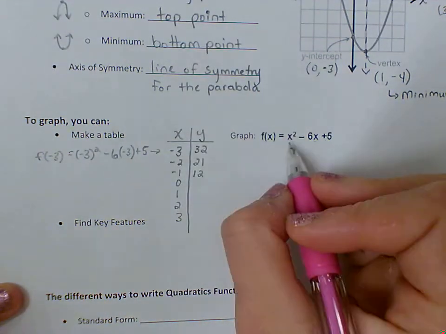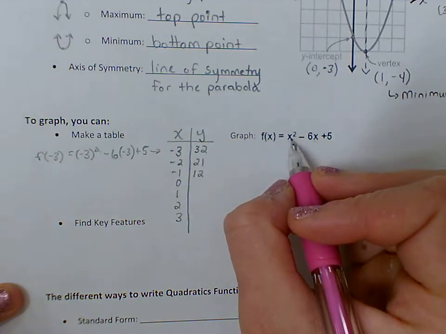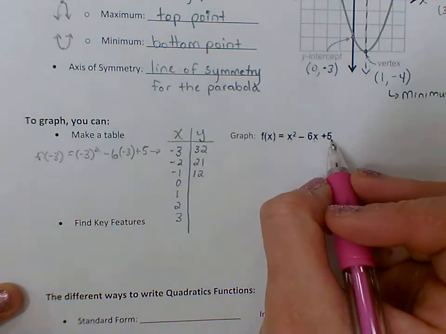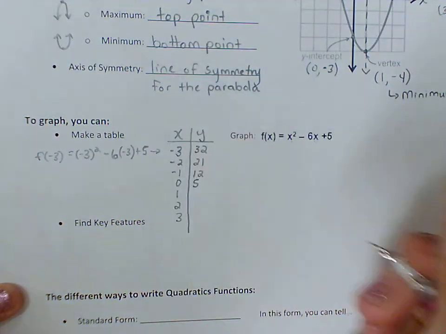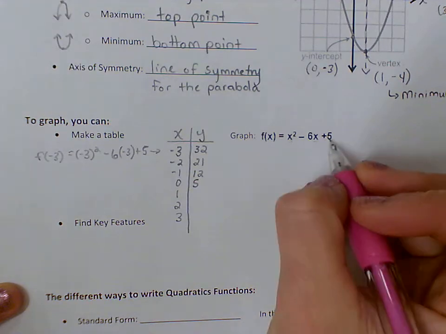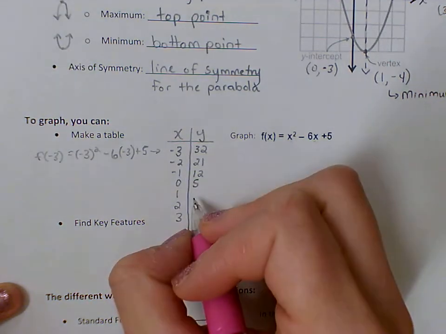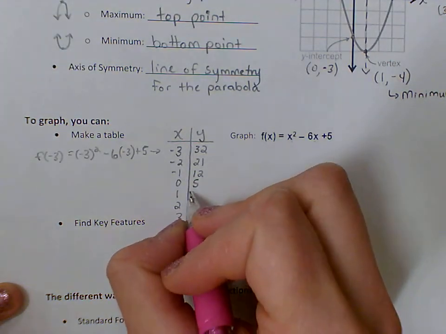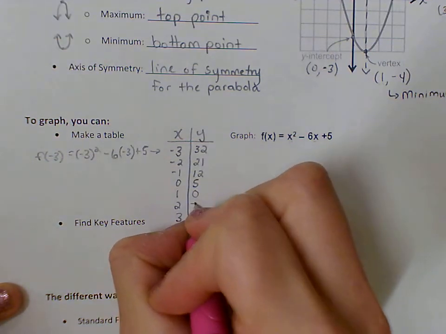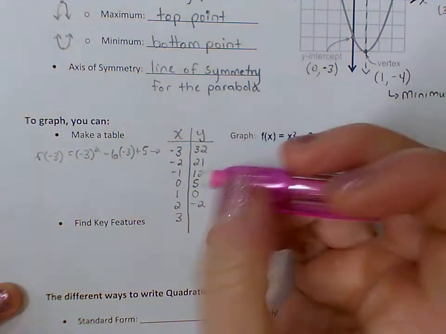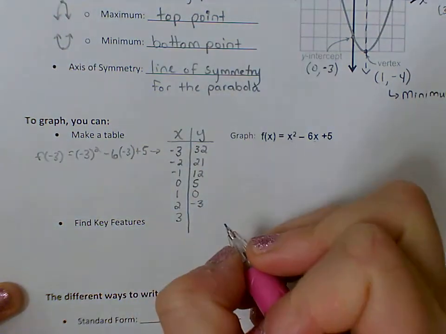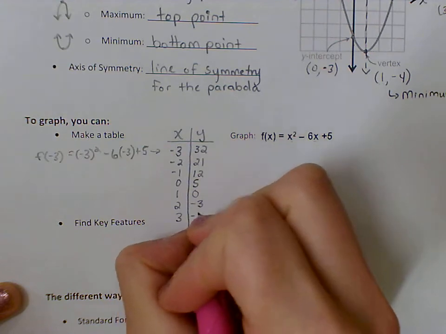When I plug in 0, that would be 0 squared, which is 0, -6 times 0, that would also be 0, and then I'm just left with 5. So notice this, if you think about it, that's your y-intercept, so you already know what your y-intercept is. And then when you plug in 1, I end up getting 0. When I plugged in 2, I ended up getting not -2, but -3. And then when I plugged in 3, I ended up getting -4.